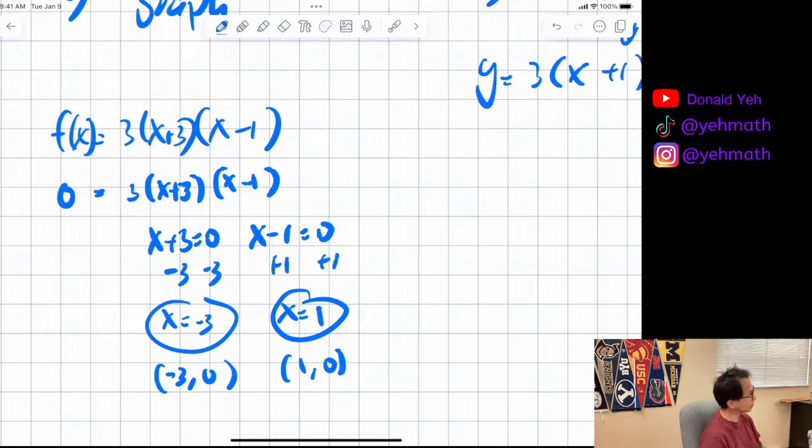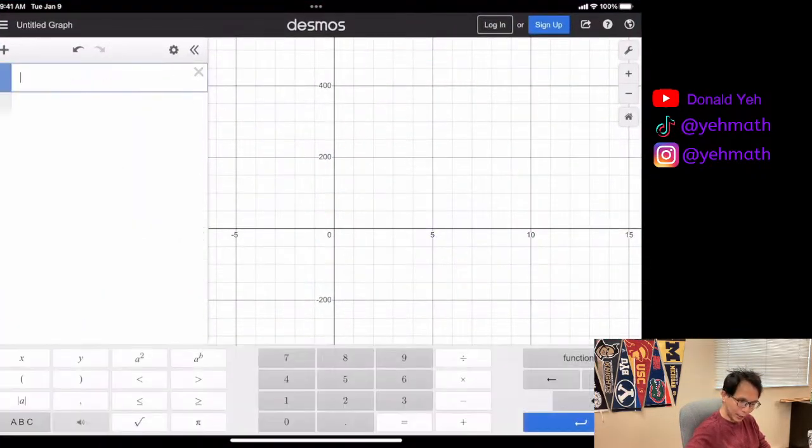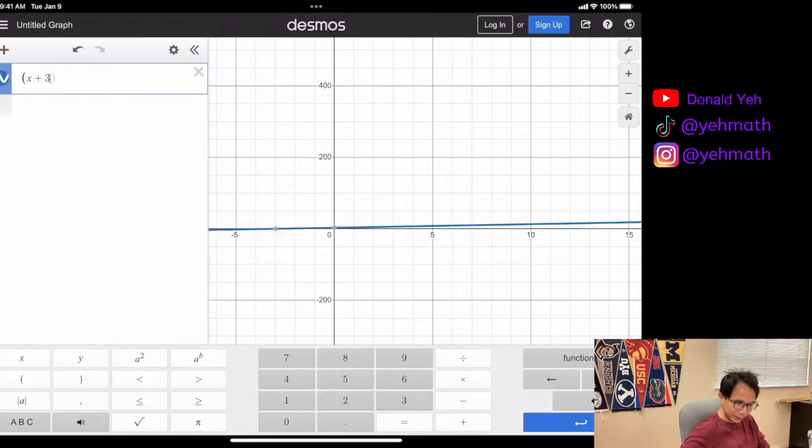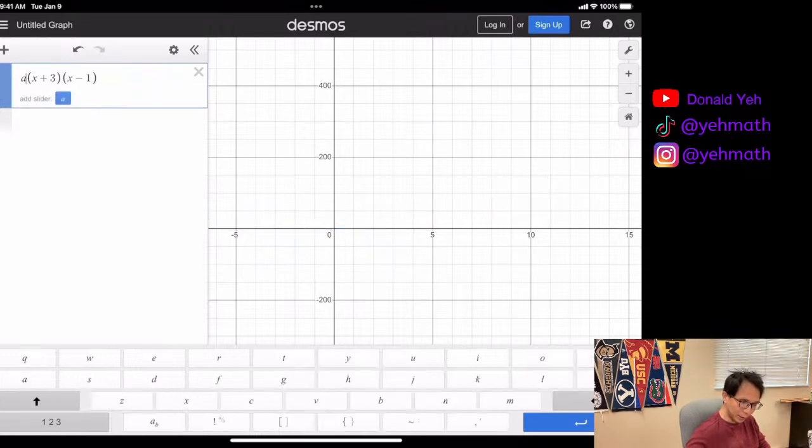Yes. What happens to the 3 before? The 3 before doesn't matter. It's just a stretch or compression value. I'm going to show you on the decimal. So let's just say x plus 3 and x minus 1. I want to show you 2 things. One is the a value, the a in the front.